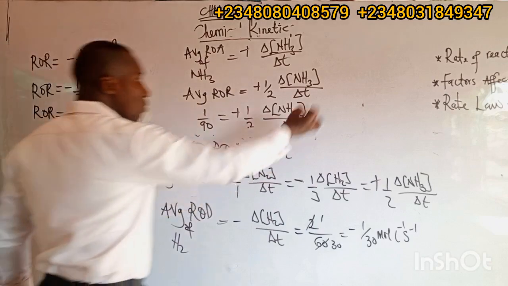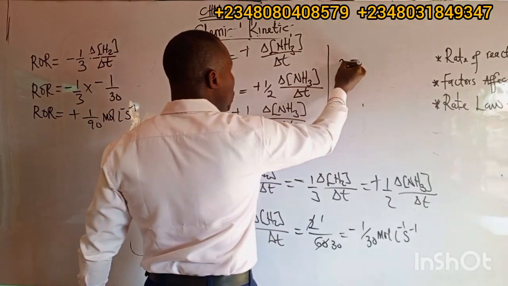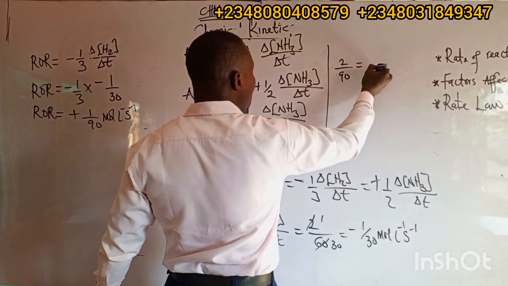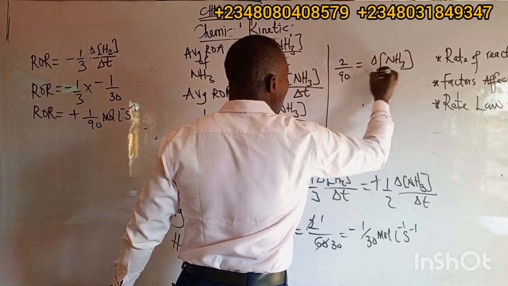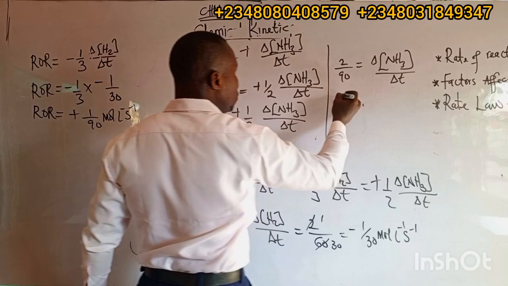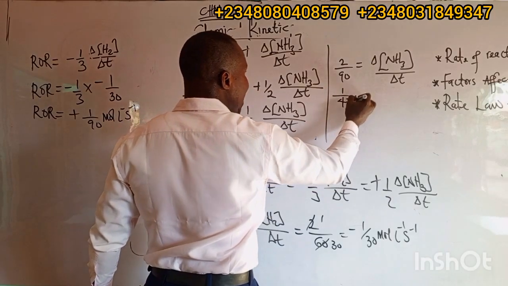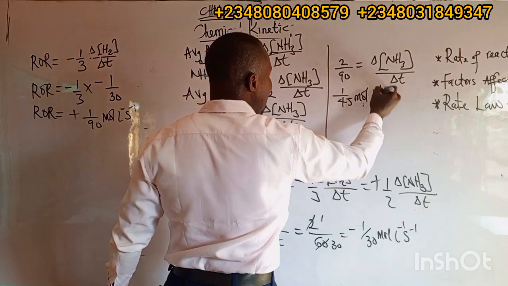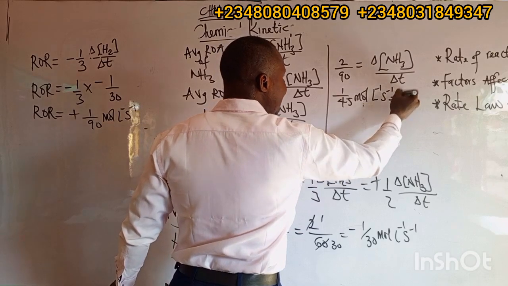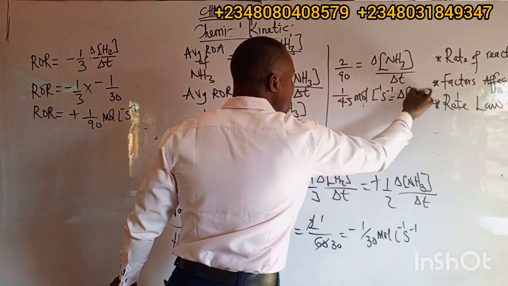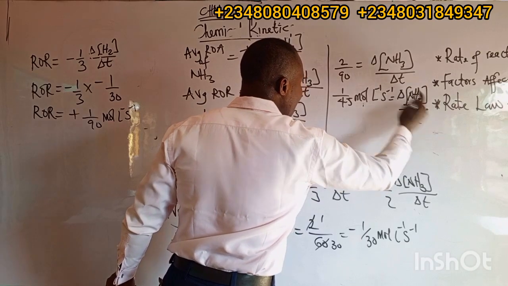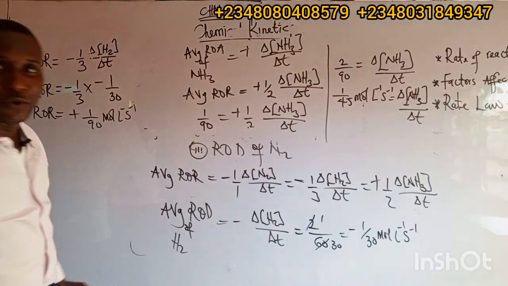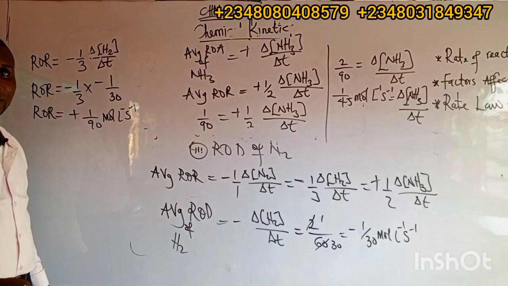Then this 2 comes here, we have 2/90 equals change in concentration of ammonia over time. Therefore, this will be 1/45 mole per liter per second. That is the average rate of appearance of ammonia. The average rate of appearance of ammonia is 1/45.